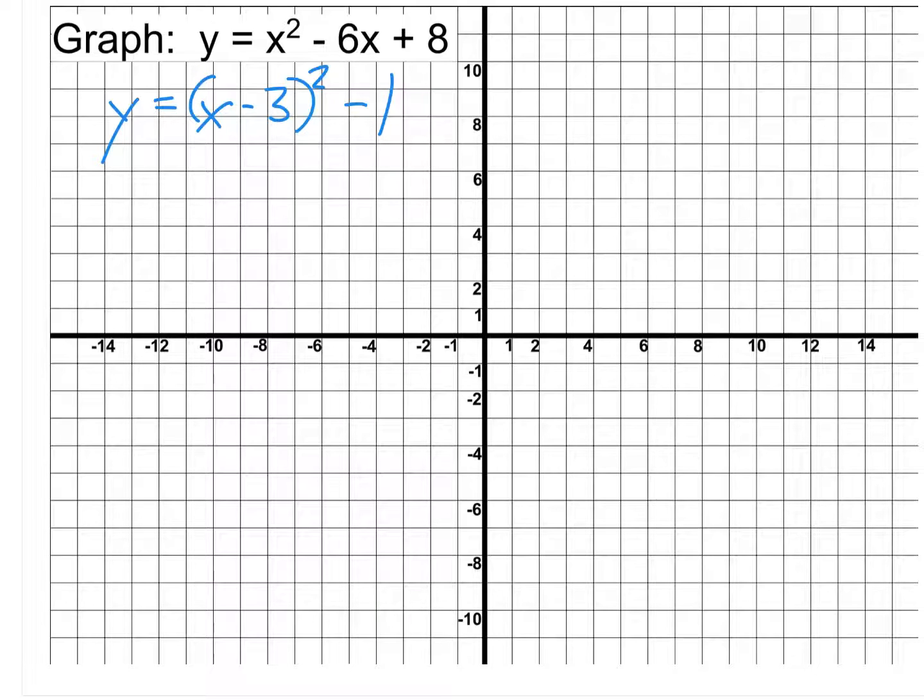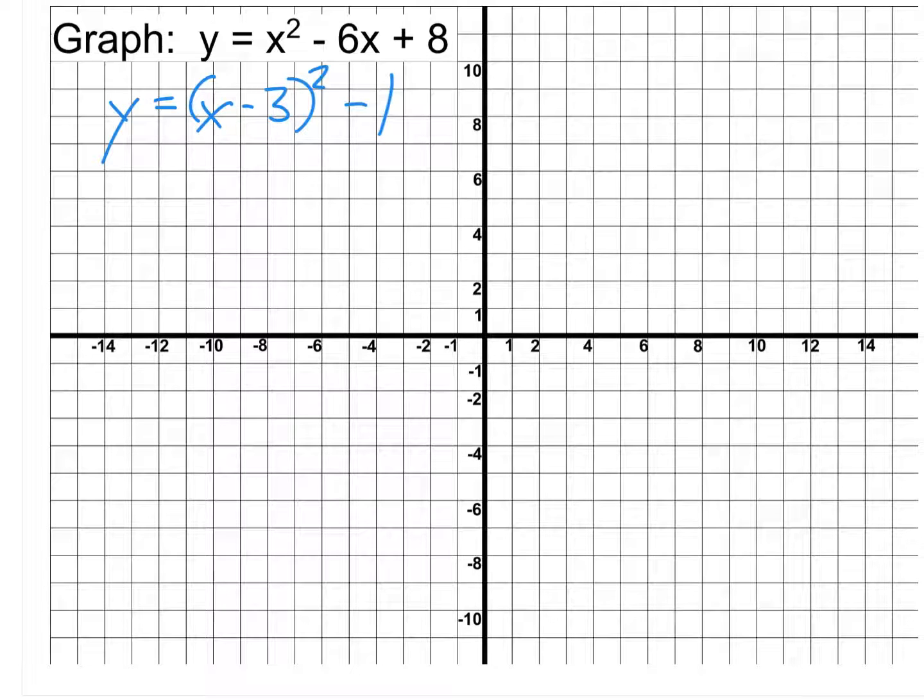So on your own paper, on a graphing grid, please set up the graphing grid. Write that original equation down, the standard form equation, and then go ahead and graph it. Alright, so go ahead and make that graph.